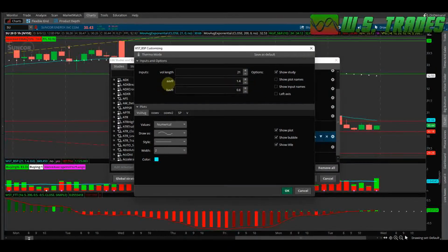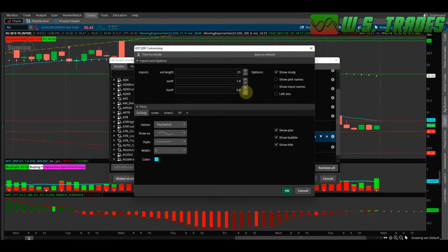This one is above average volume for the range, and this is below average volume for the range. Think of it like a percentage. Anything above 1 is going to be above the average volume. That's why 0.4 means 40% below, and it takes 0.4 to get to 1. So that would be the 40% on the below average volume.